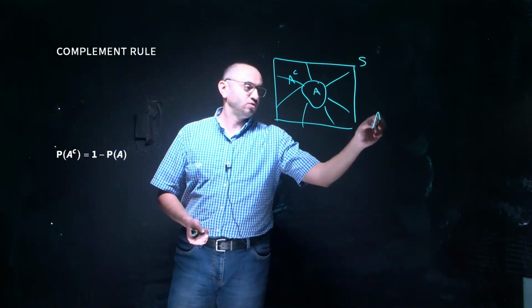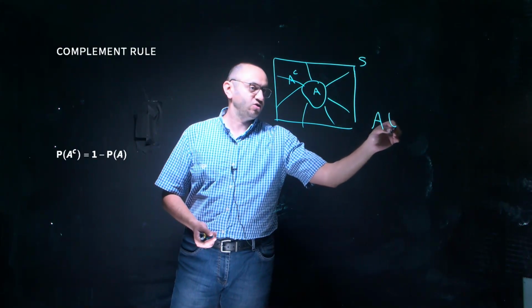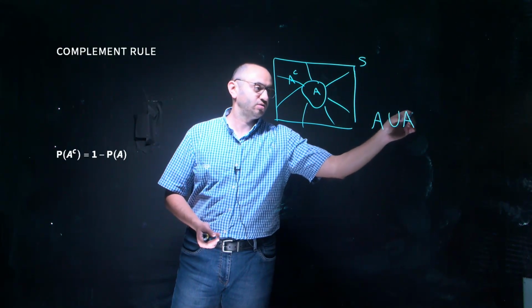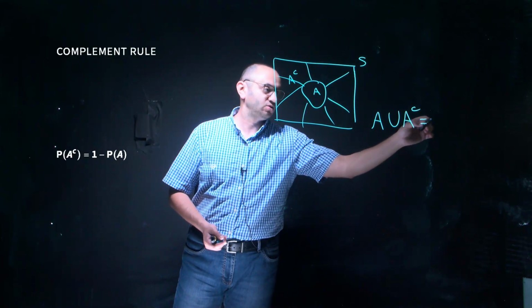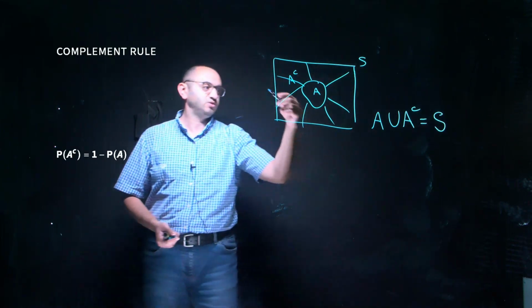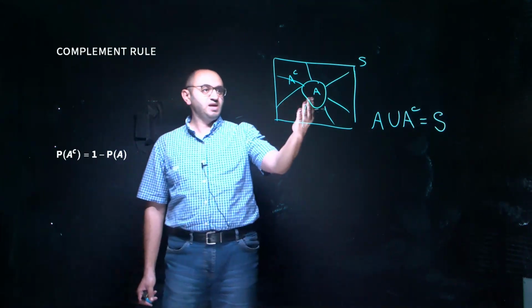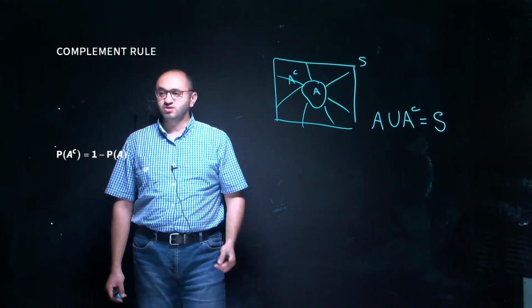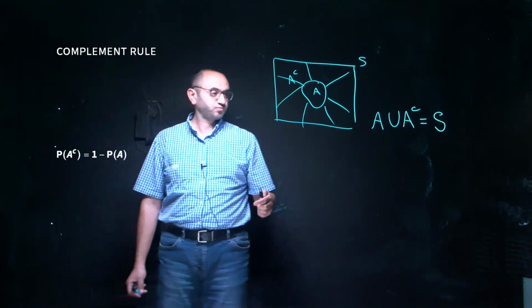By notation, A union A complement equals the entire sample space, and A and A complement are disjoint events.